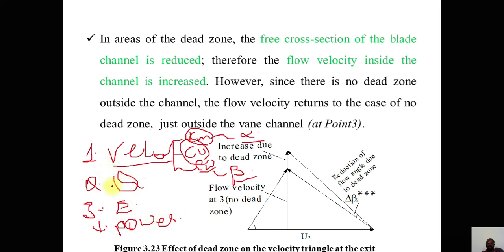There is velocity, there is capacity, there is efficiency, and there is power formation.